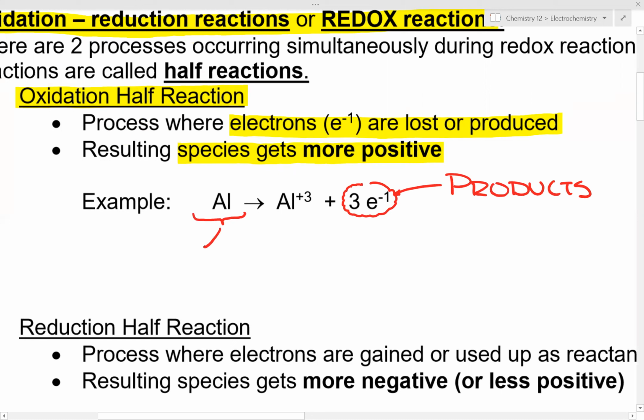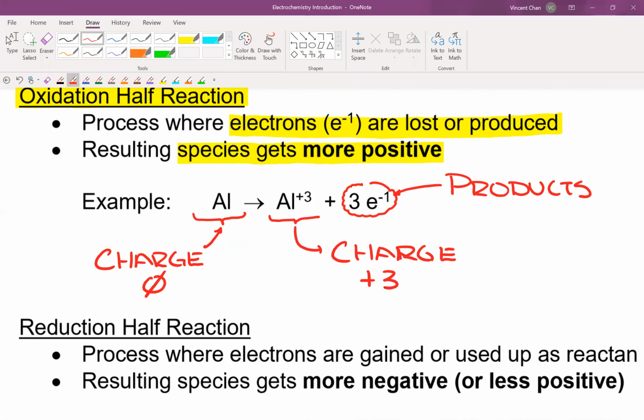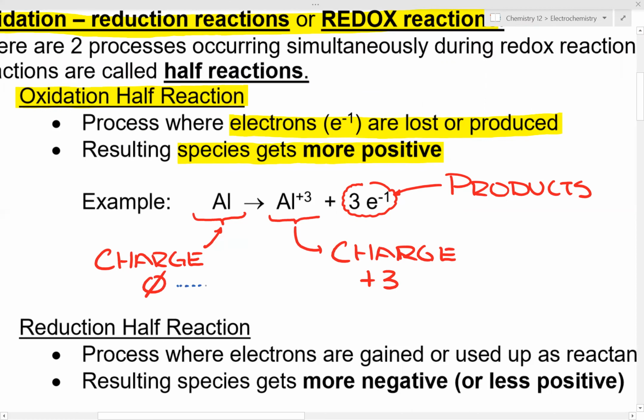In this case, for aluminum, you have a charge of 0, neutral charge, while in this case, this aluminum has a charge of +3. Okay, so you notice what's happening to the charge. The charge is going from a 0 neutral charge to a +3. This would be considered oxidation.